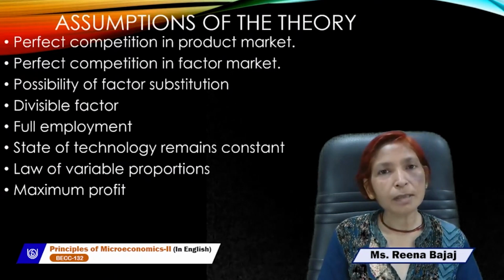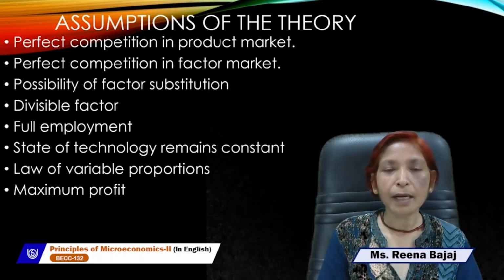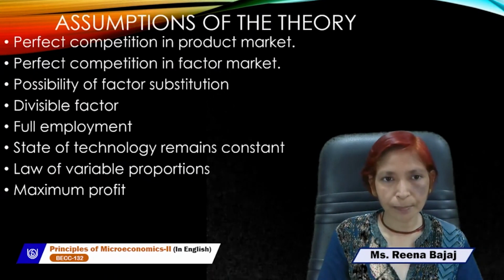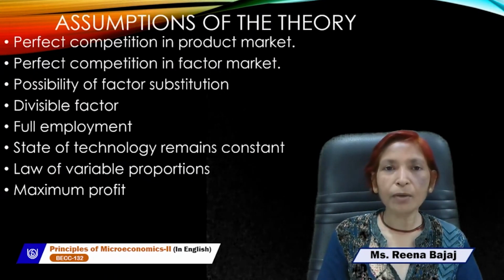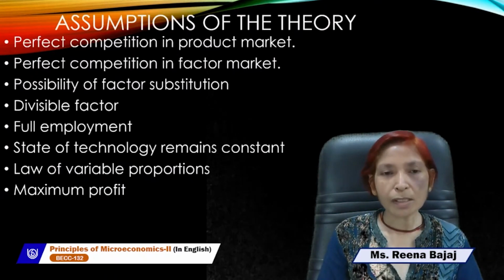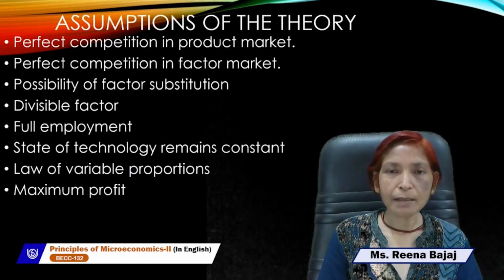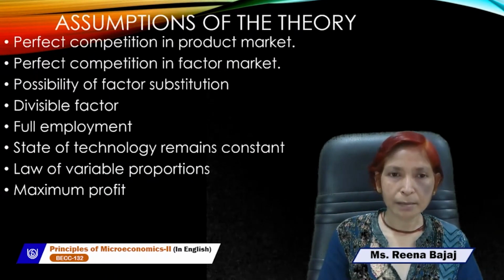Perfect competition is a market where a large number of buyers and sellers exist. All sellers produce a homogeneous product and sell it at a uniform price.